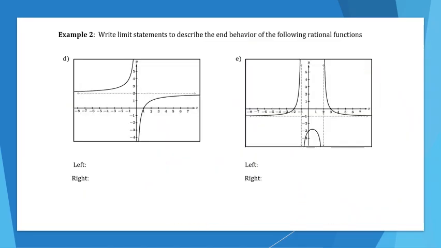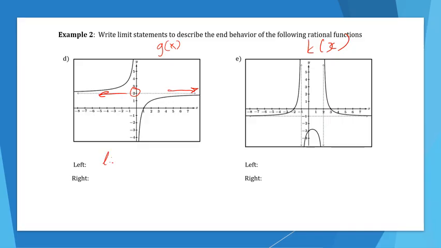All right, for D and E of example number 2, we want to now write the limit statements given the graph instead of just an equation. So these I think are even a little bit easier. I'll throw names on these, but these should be, let's go g of x and k of x here. All right, so our left-hand limit statement should look like, as we go to the left forever, we are approaching a y value of 2, and the same as we go from the right, as x goes to the right forever, we approach a y value of 2.